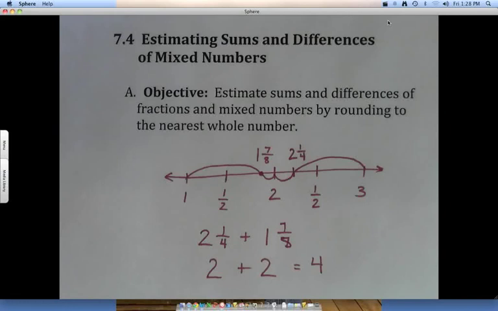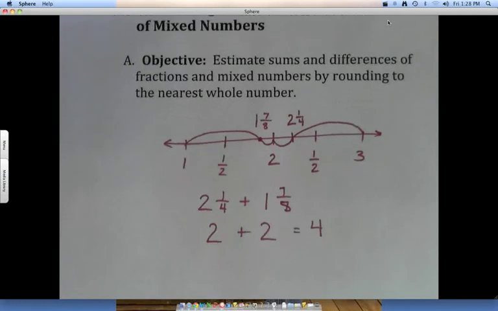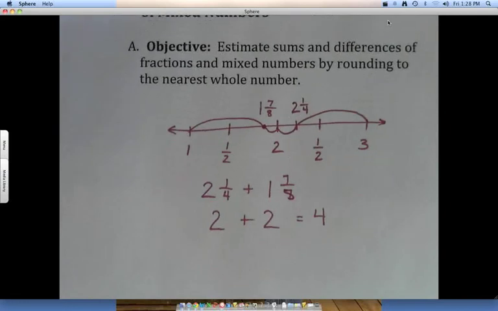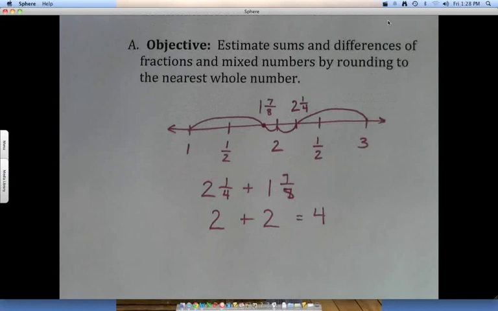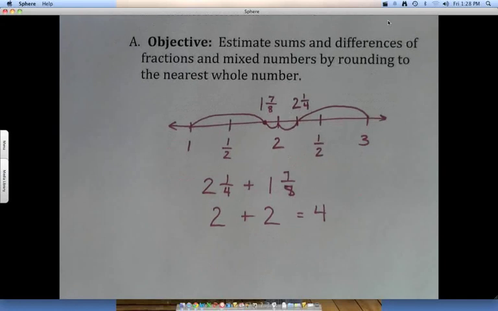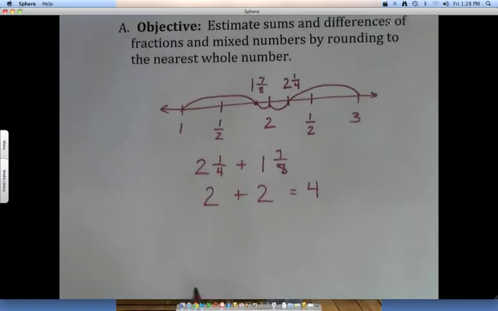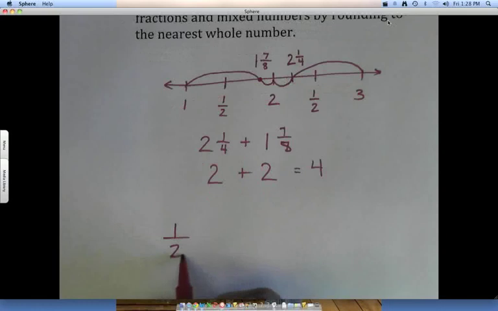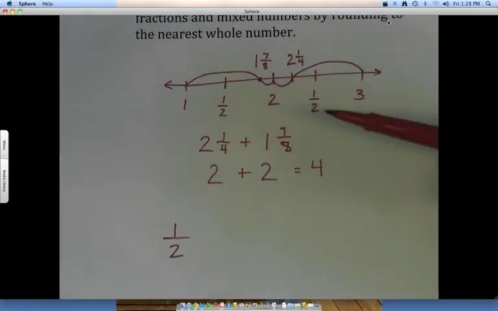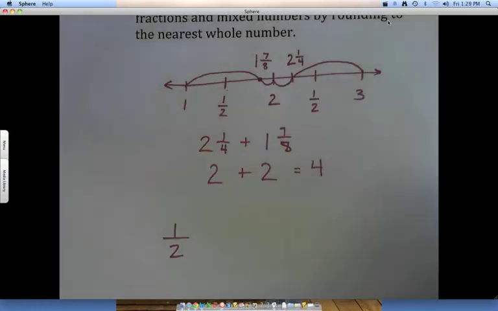Let's try the second way. I'll show you the second way of trying to estimate sums and differences. 1/2 is always considered a benchmark, and we can see that in the number lines up above.